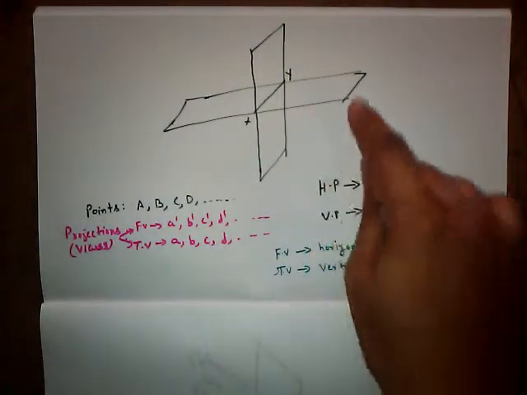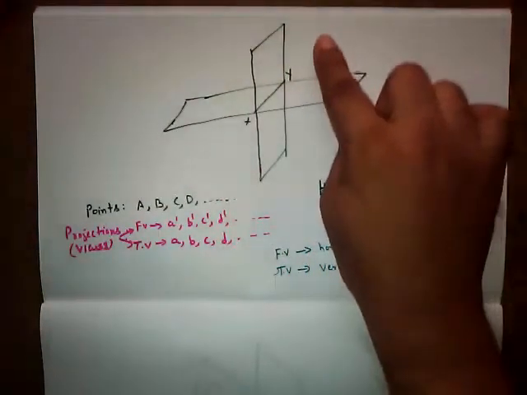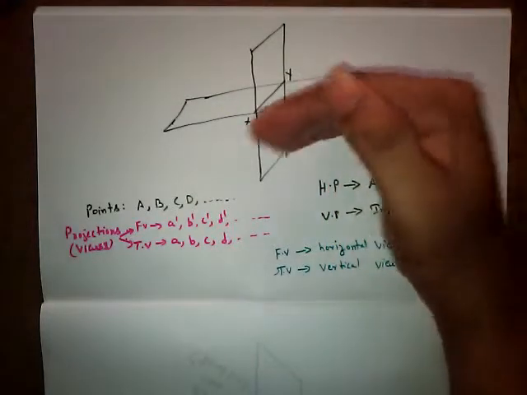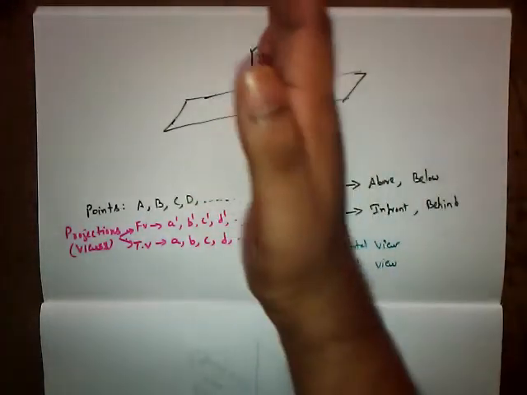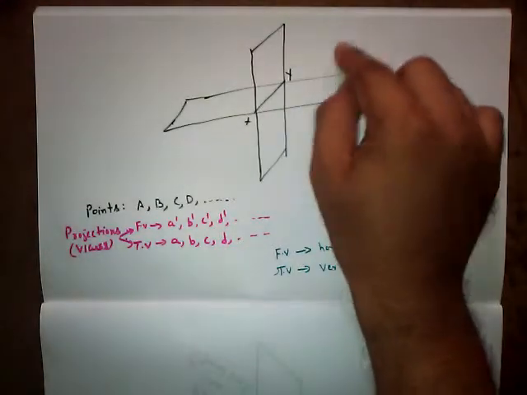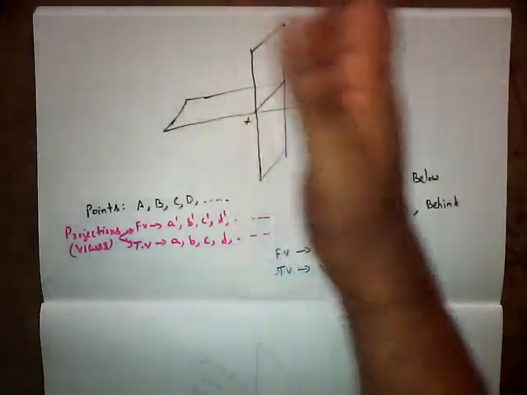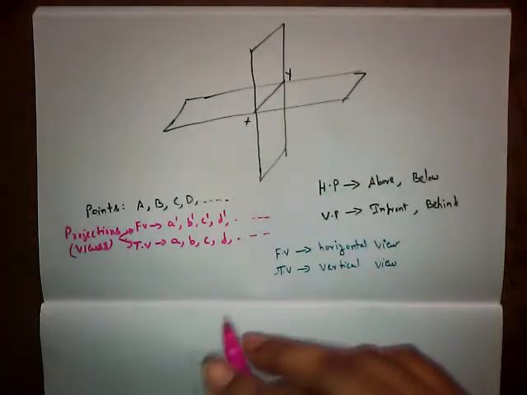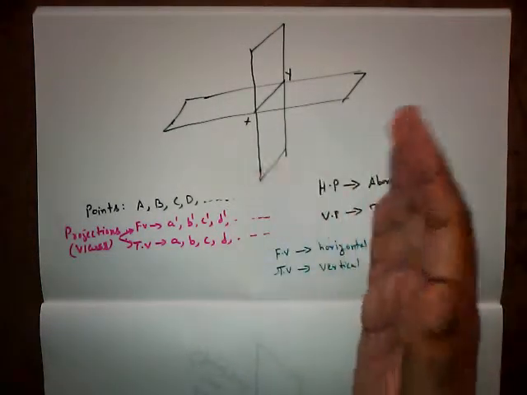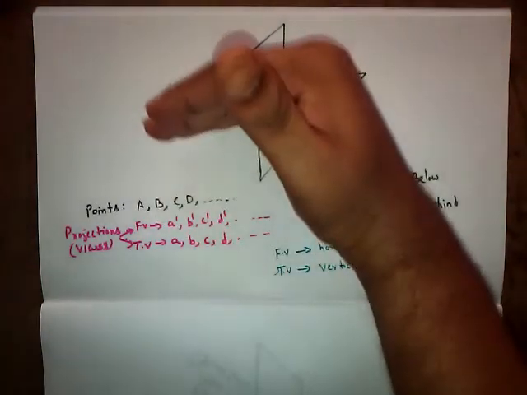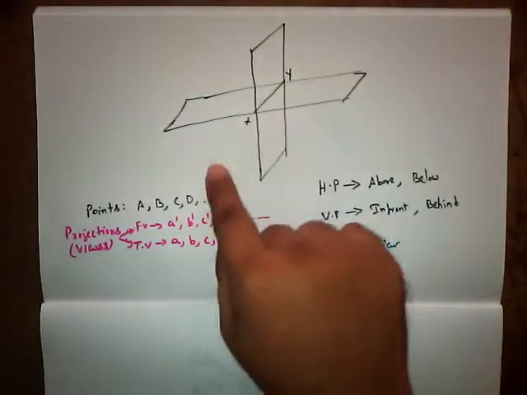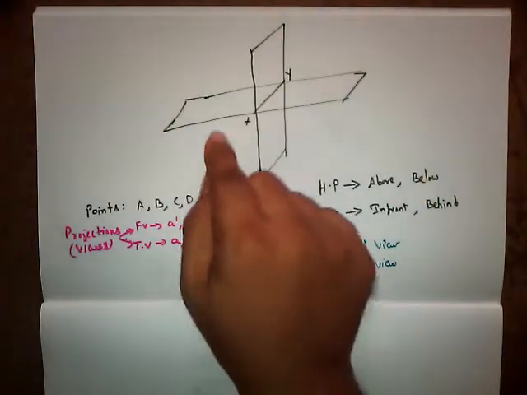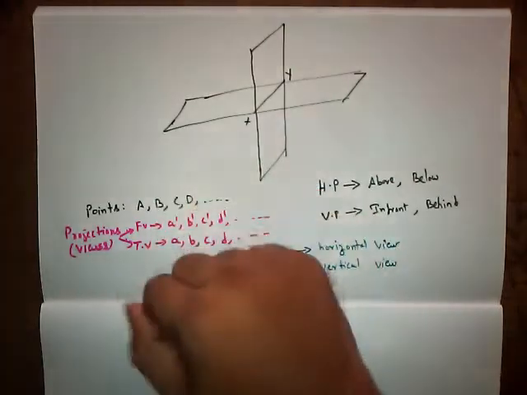Whenever we are representing the first quadrant, it is nothing but above HP and in front of VP. If we designate below HP and behind VP, below HP in the sense either of these two, and behind VP, then immediately we take the third quadrant.